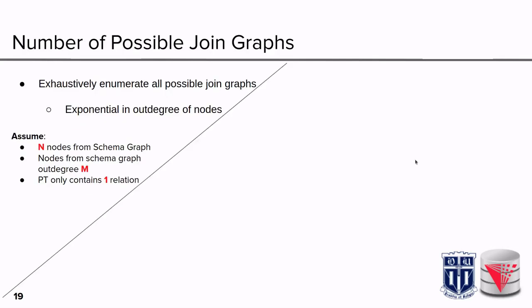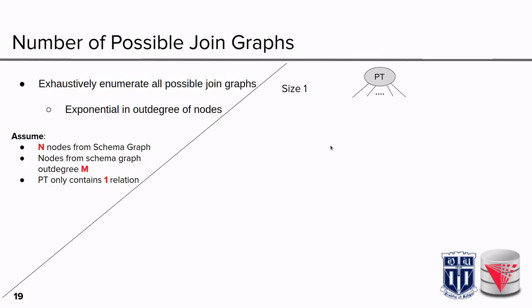For the number of possible join graphs, we observe that exhaustively enumerating all possible join graphs is exponential in the degree of nodes. To give you a detailed idea, we assume that we have n nodes from the schema graph. We also assume the nodes from the schema graph have an average out degree of m. To further simplify, we assume PT only contains 1 relation.